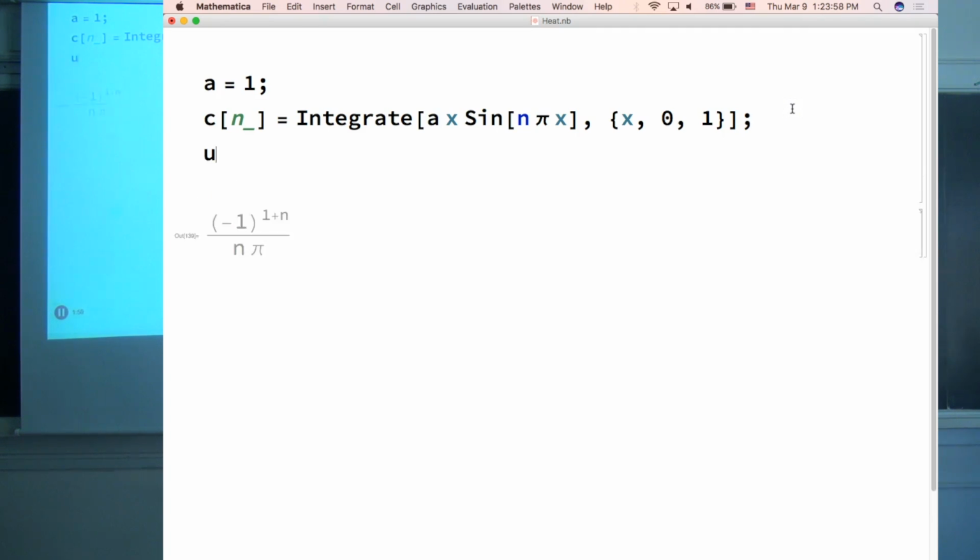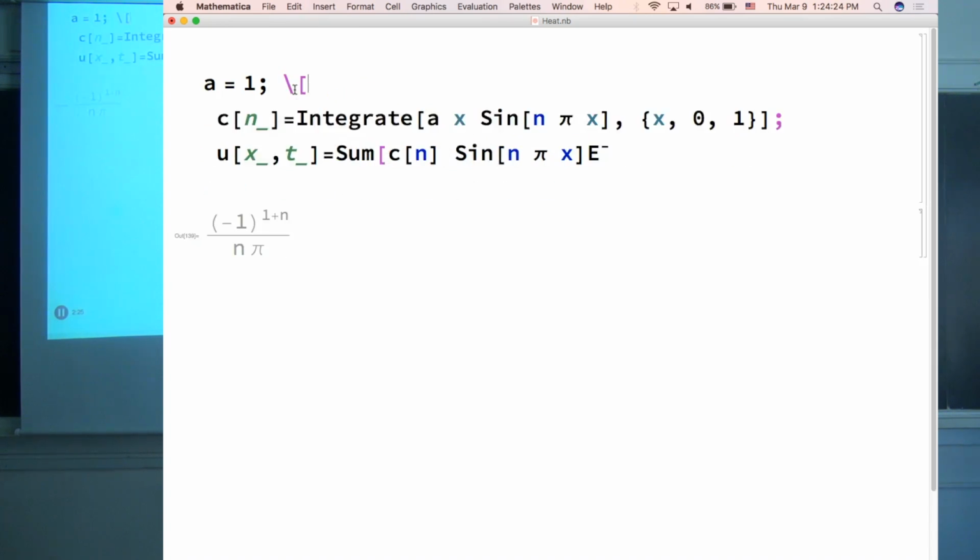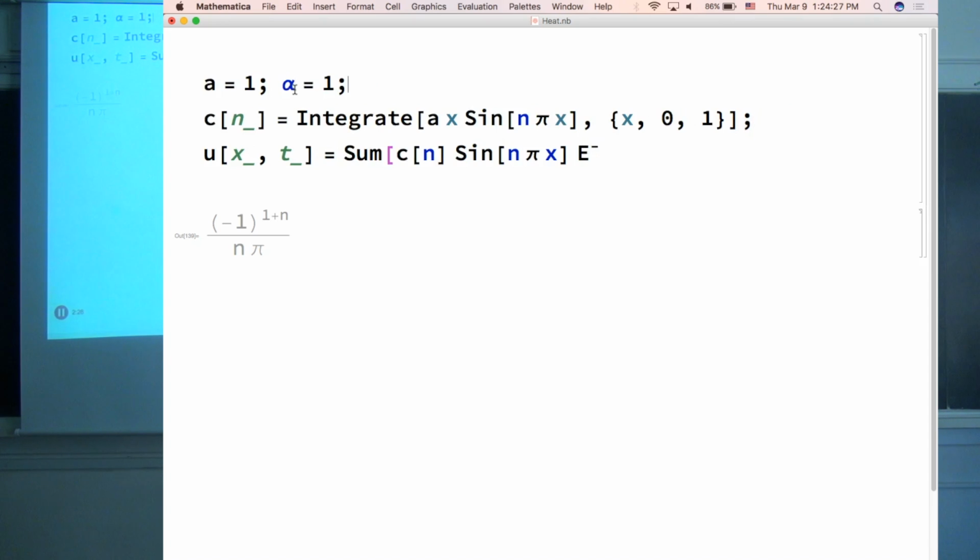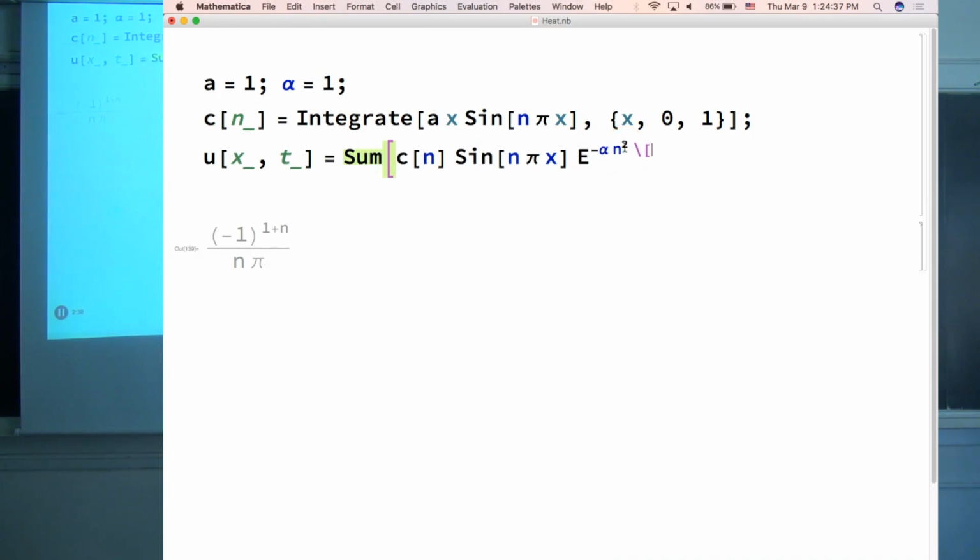Now we have to say that u of x and time is the sum of the same thing, c of n times the corresponding sine times the exponential of minus alpha, alpha equals 1 as well, e to the minus alpha times n squared times pi squared t.